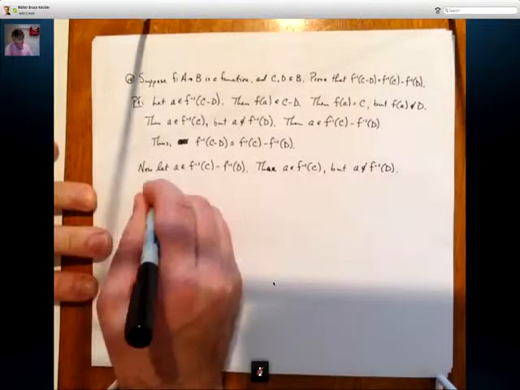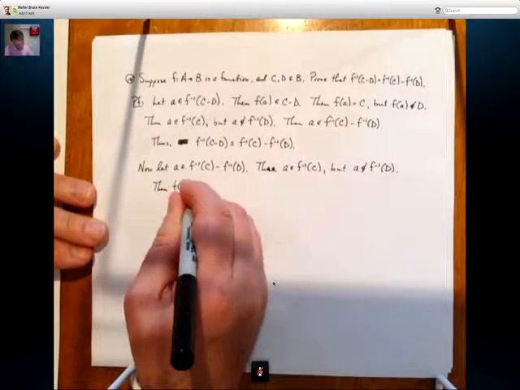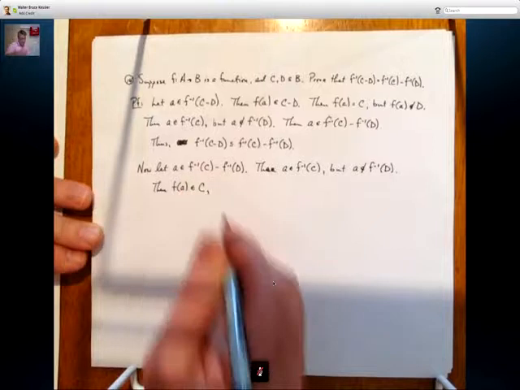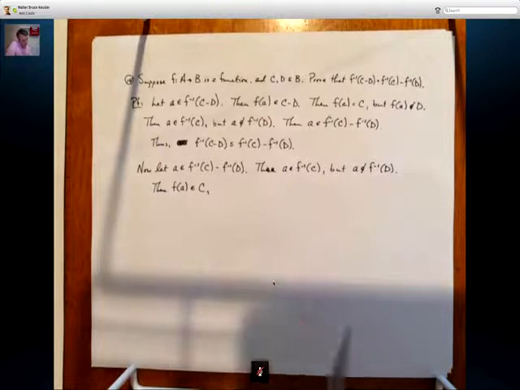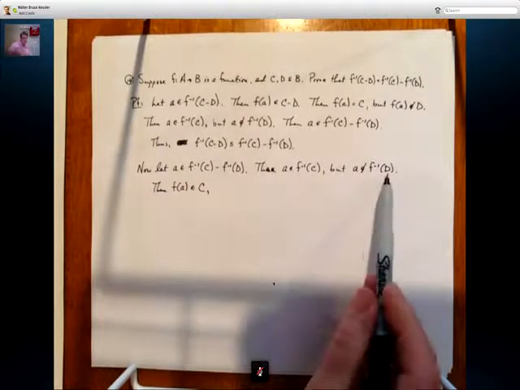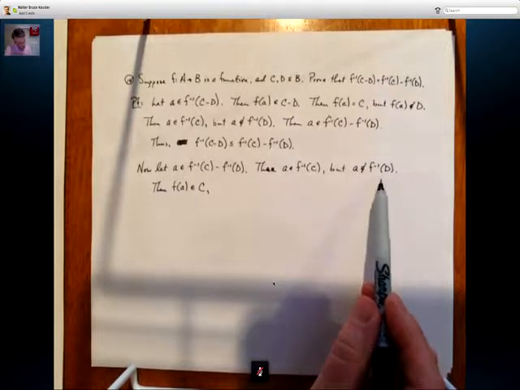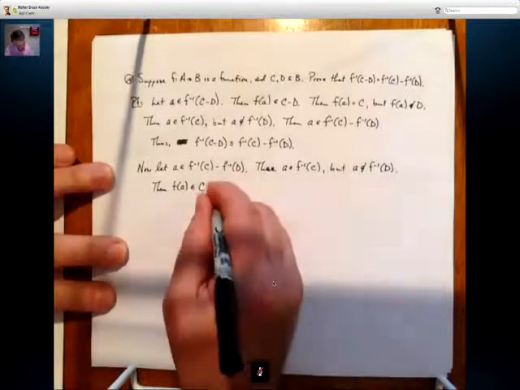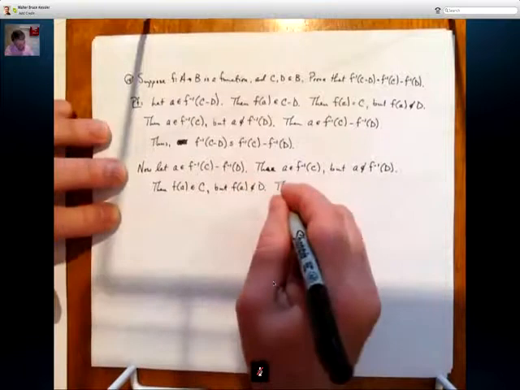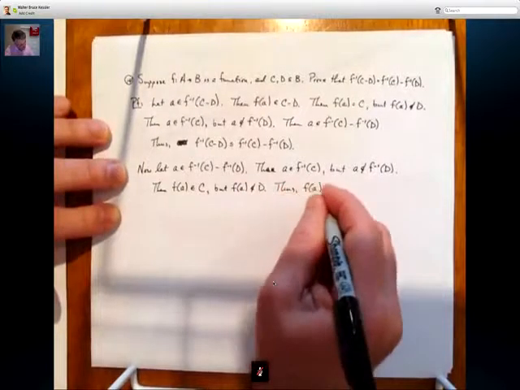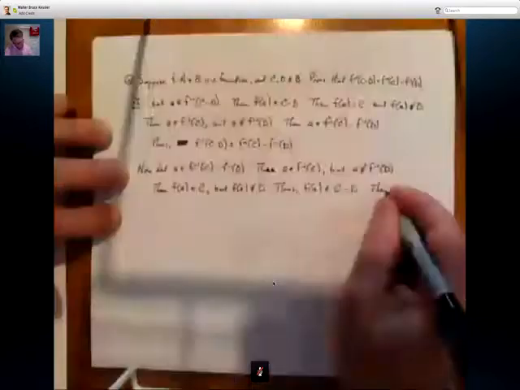I'm just going to call it f(a). But since I can't get to A by taking the inverse image of things in D, f(a) doesn't get mapped to D. Thus, f(a) is in C minus D.